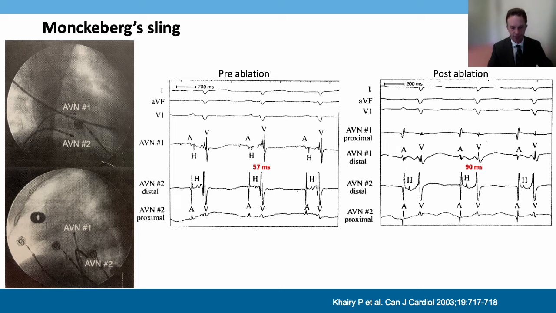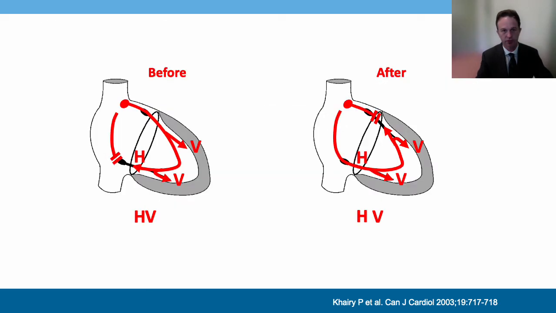And it's proposed that this suggests there's a continuous conduction sling. The reason we say this is that the only way to get a lengthening of the HV interval really is if you have a continuous conduction sling where you have conduction from the anterior node to the posterior node and the ventricle in parallel.